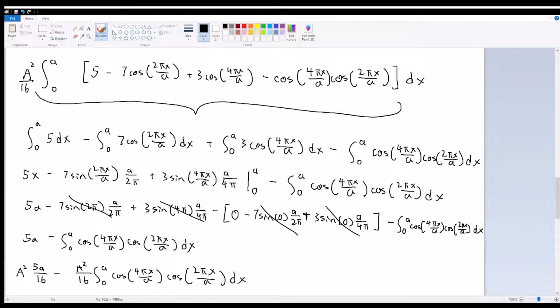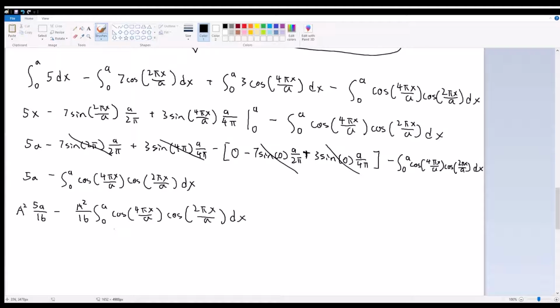And here, at this point, we can use the double angle formula to solve this final term. So we can recognize, and I'll write this in red, that cosine of 4 pi x over a is equal to 1 minus 2 sine squared 2 pi x over a.